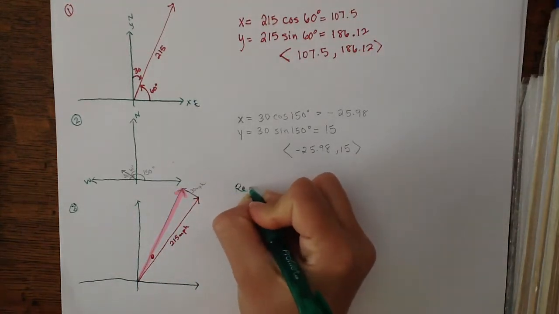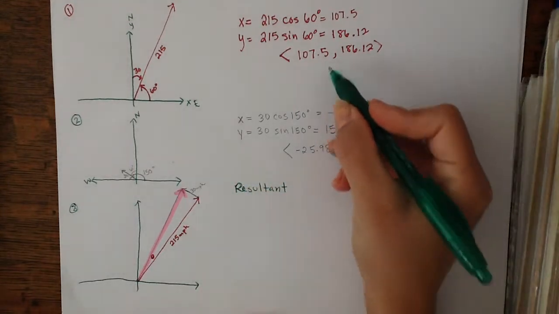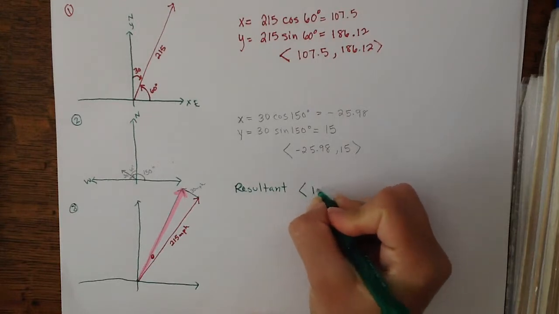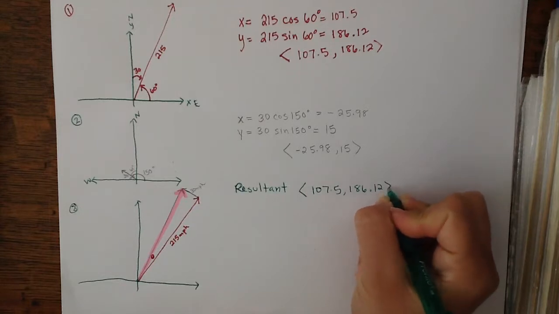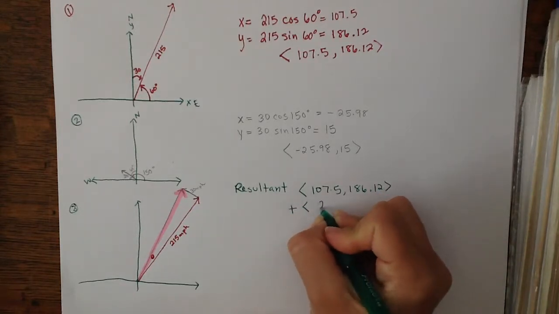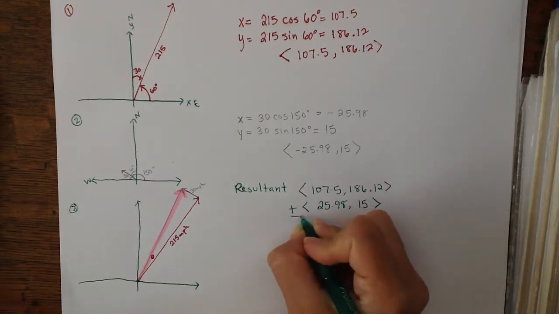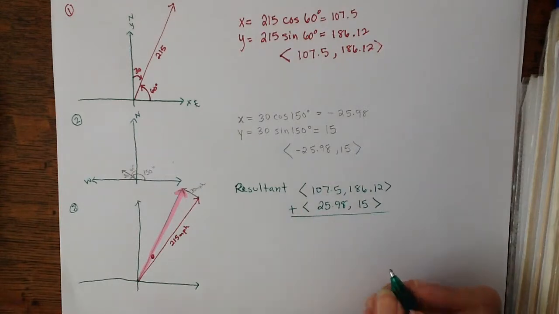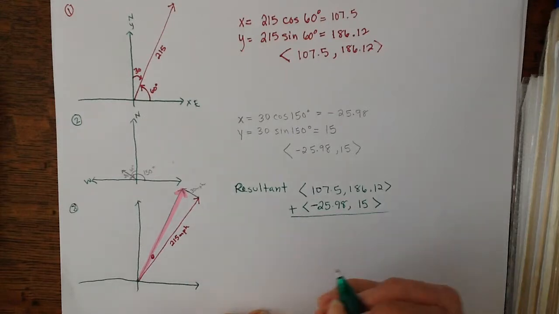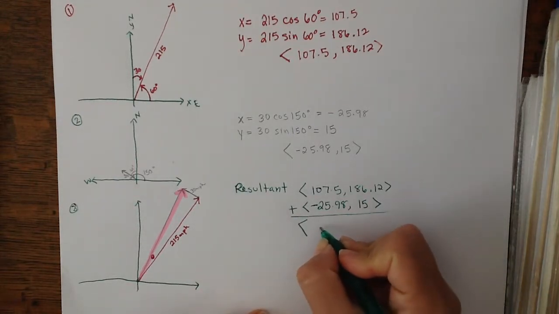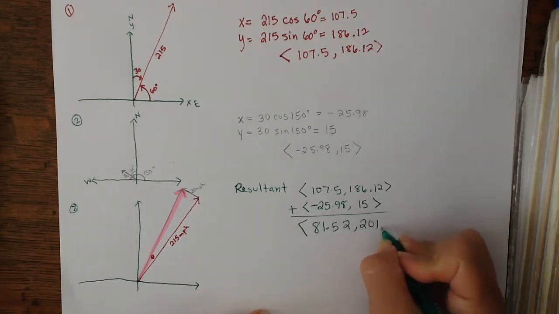So 107.5 and 186.12, added to negative 25.98 and 15. When I add these components together, I get a resultant of 81.52 and 201.12.